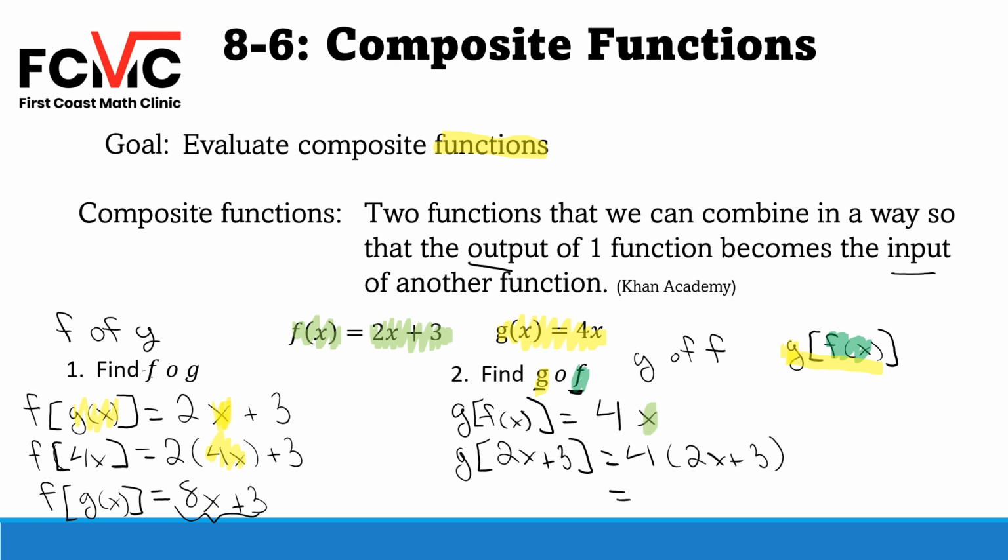Let's simplify that right side. 4 times 2x is 8x. 4 times 3 is 12. So we get 8x plus 12. And on the left side, I'm just going to rewrite that notation we had, g of f of x, and move that equal sign over a little bit.